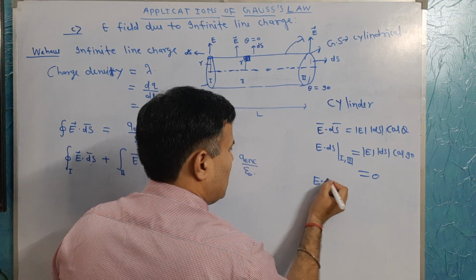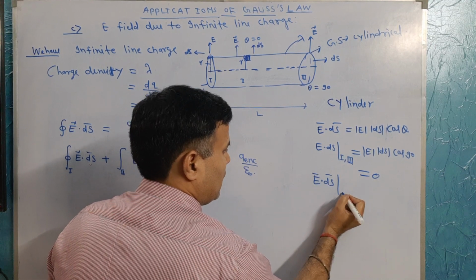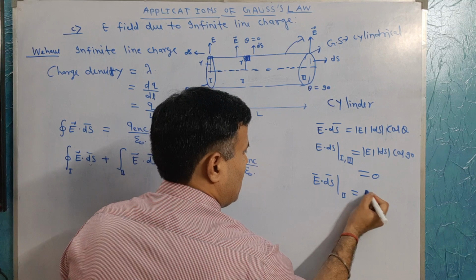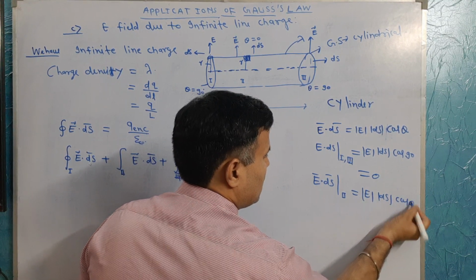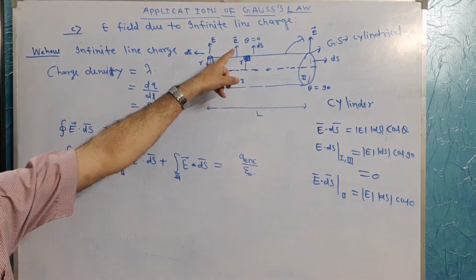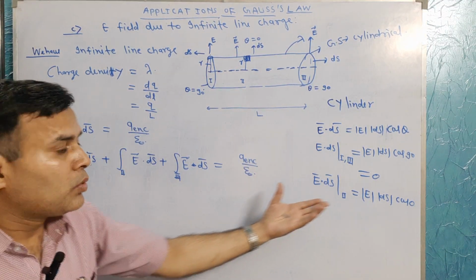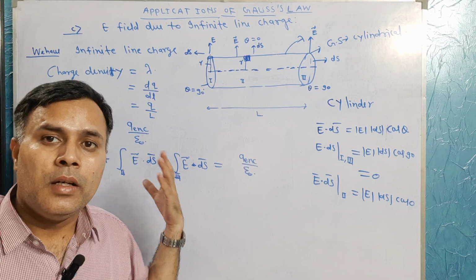But E dot ds corresponding to surface 2 is E ds cos 0 because they are in the same direction. So this is the way to analyze the problem.